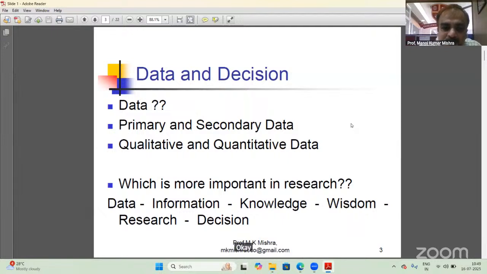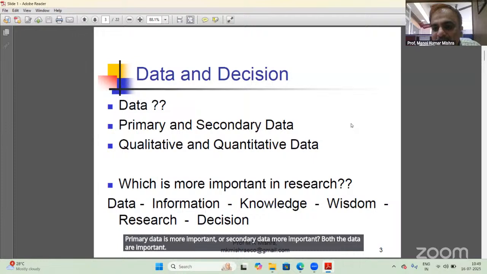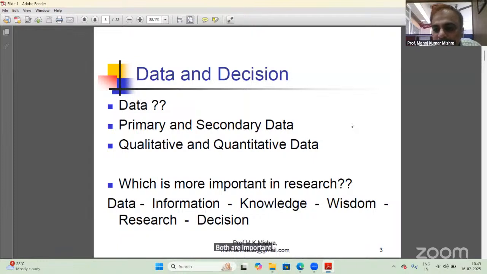Okay. So I'm asking, which one is more important in research? Is primary data more important or secondary data more important? Both data are important. Both are complementary to each other, not competitive.